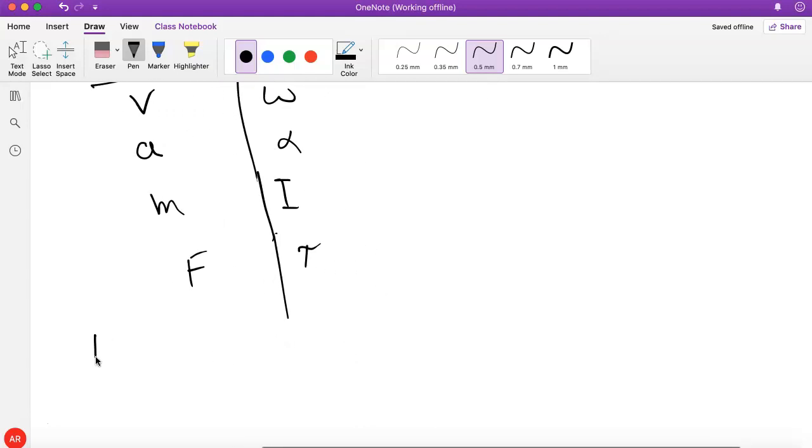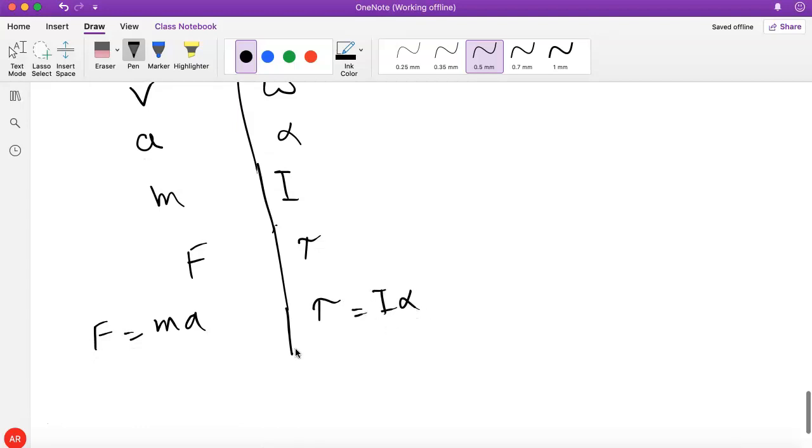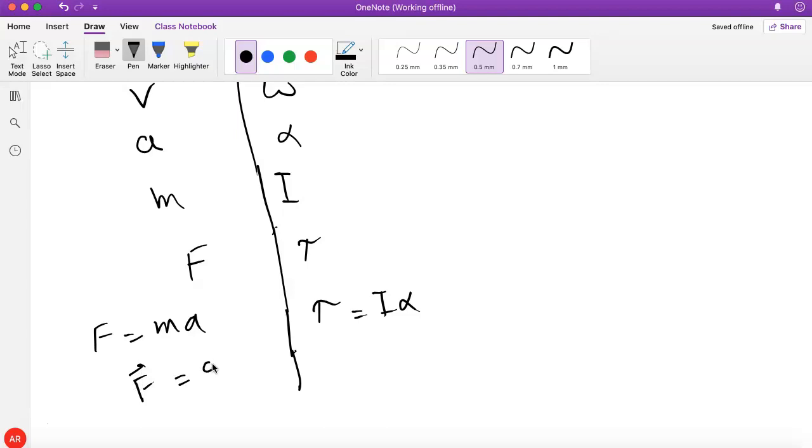And we already had an equation F equals ma whose counterpart is tau equals I alpha. And then F equals ma we can write in a different form, right? We can write F is dp dt.